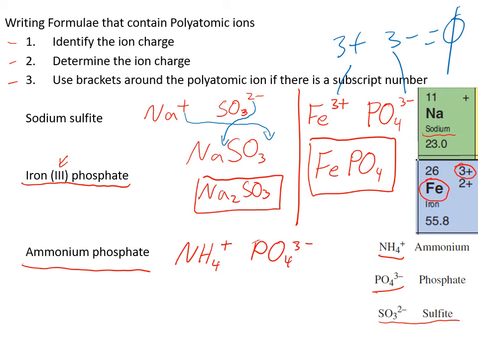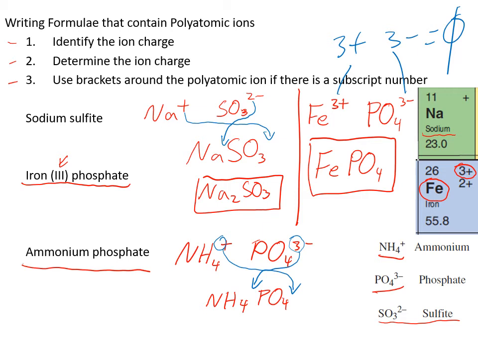Now I'm going to write it down below. And I'm going to swap and drop. So we only swap and drop the ions. And now this is a 1 right here. So I'm going to pull that one over here. So what it would look like is something like this.